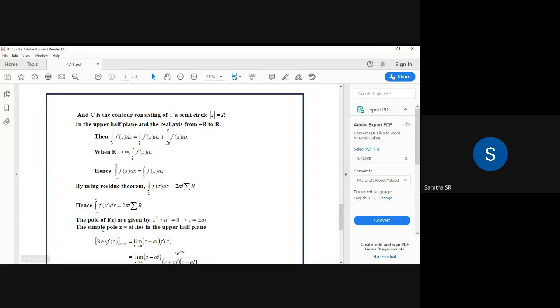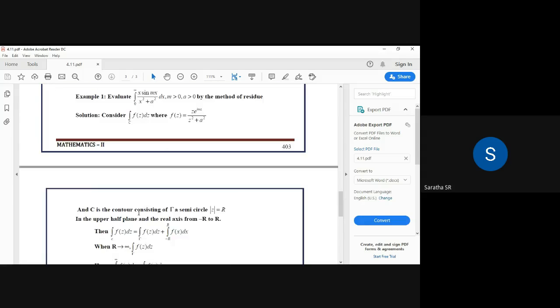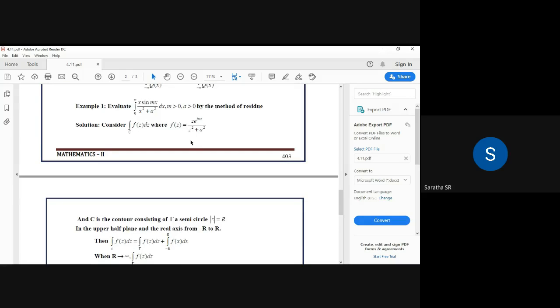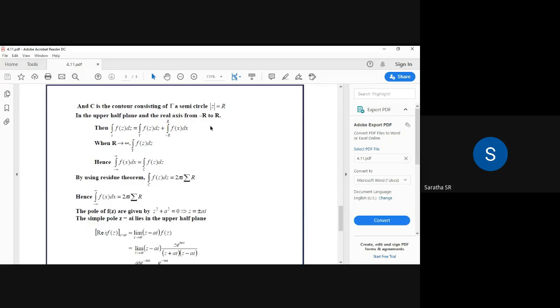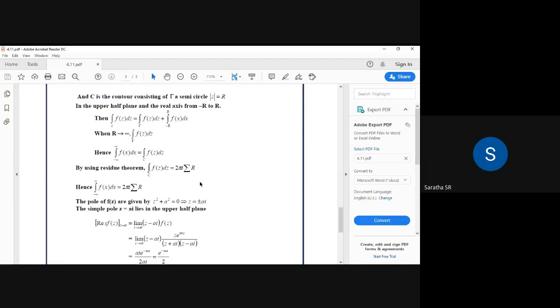So here we got 2 pi I into the sum of the residues. In this we have to find the residues. For this we need the denominator of the given problem. This is your denominator: z square plus a square equal to 0. If you equate, we got z equal to plus or minus ai. These are your poles, both are simple poles.